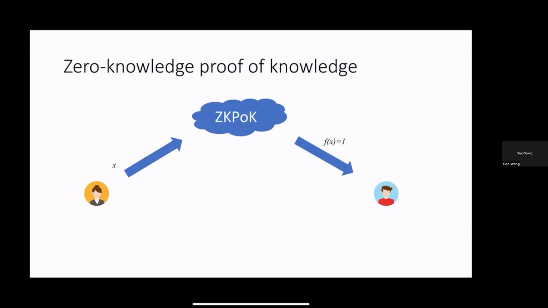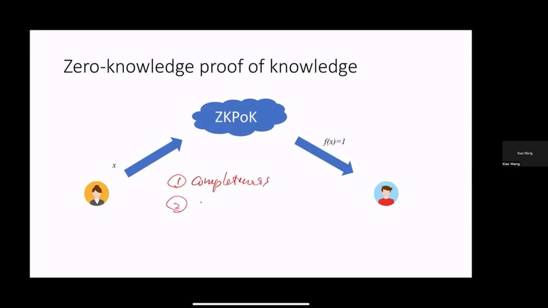Normally when we talk about zero knowledge proofs, there are 3 properties. The first property is completeness, meaning that if both parties are honest, then the verifier should be convinced. Essentially, if X satisfies some predicate, then the verifier is going to be convinced.